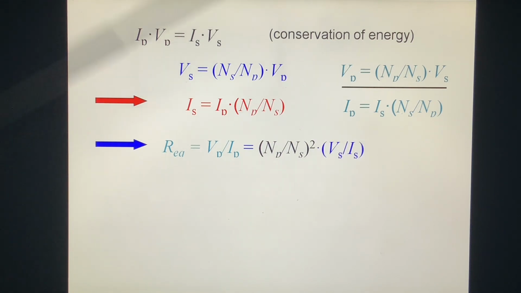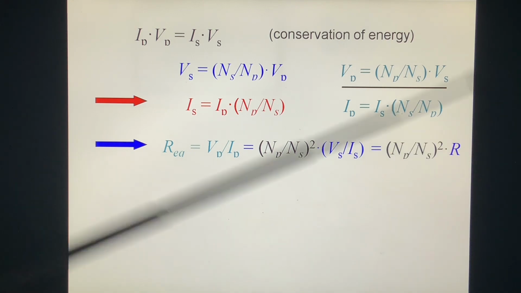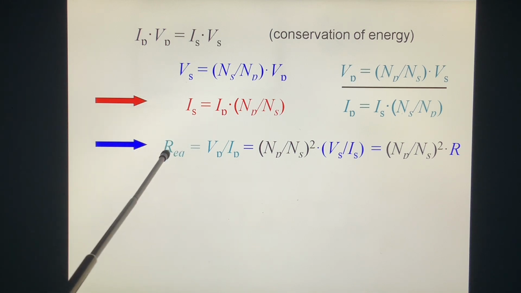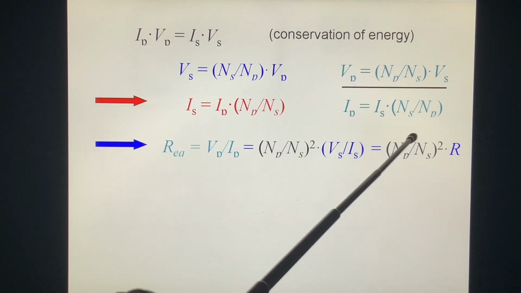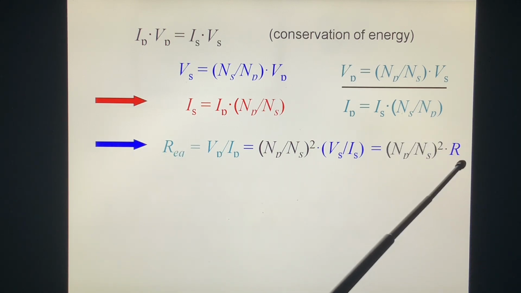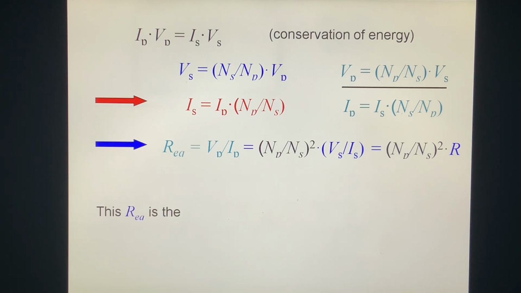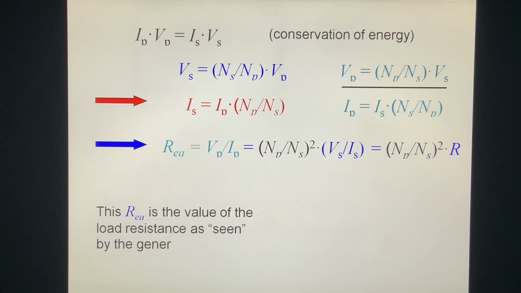Vs over Is is Rs, the loading resistance. So in the primary circuit, R equivalent equals Np over Ns squared times R. This R equivalent is the value of the load resistance as seen by the generator.